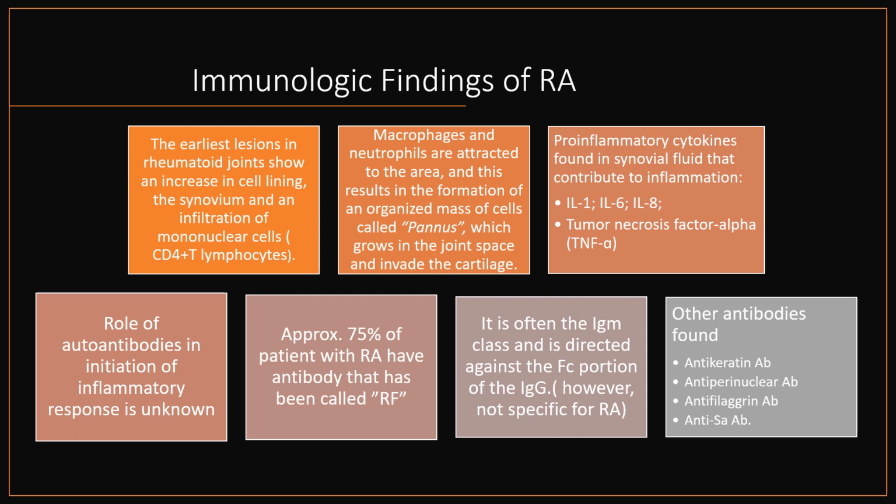TNF-alpha plays a key role in the inflammatory process by inducing continual secretion of interleukin-1, 6, and 8. In addition, TNF-alpha facilitates the transport of white blood cells to the affected areas.